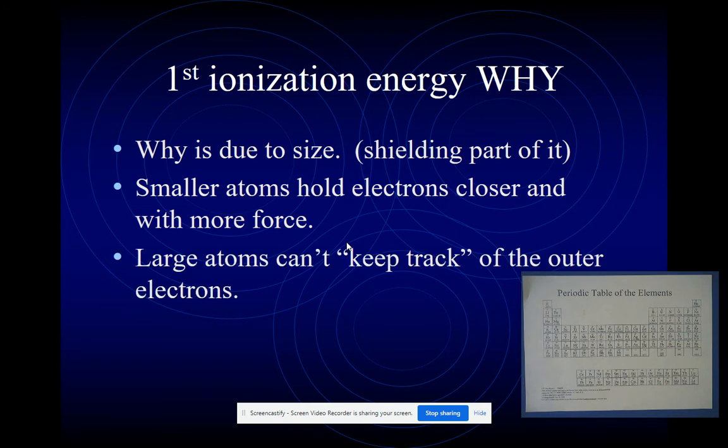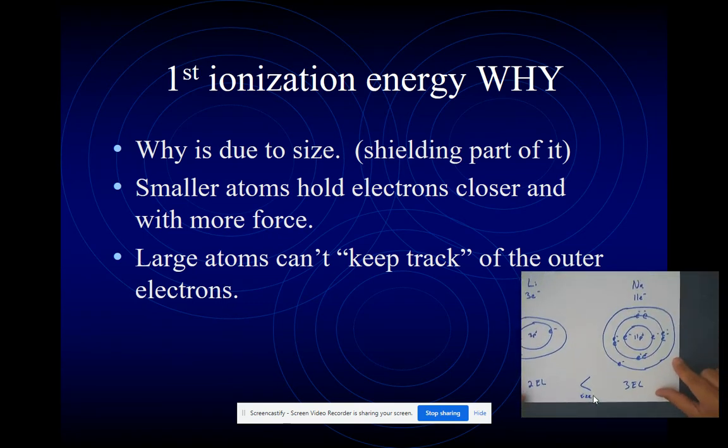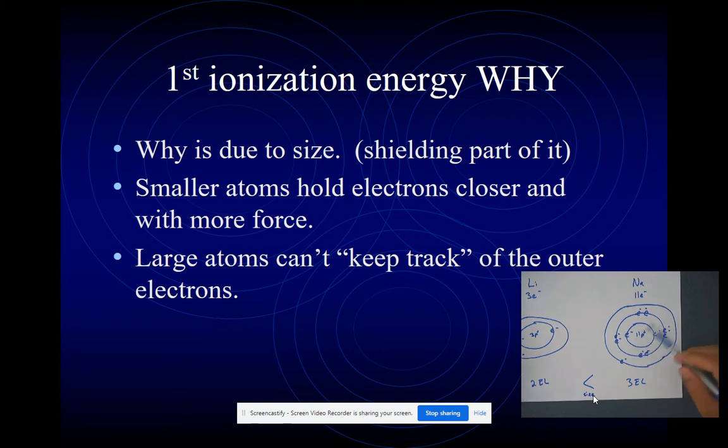Whereas large atoms can't keep track of the outer electrons. If we're going to steal an electron from sodium, we wouldn't steal the electron right next to the nucleus. We would steal the one really far away. And if it's far away, it's not held on as tight because of the positive-negative attraction. The distance is longer, and so it's easier to remove.